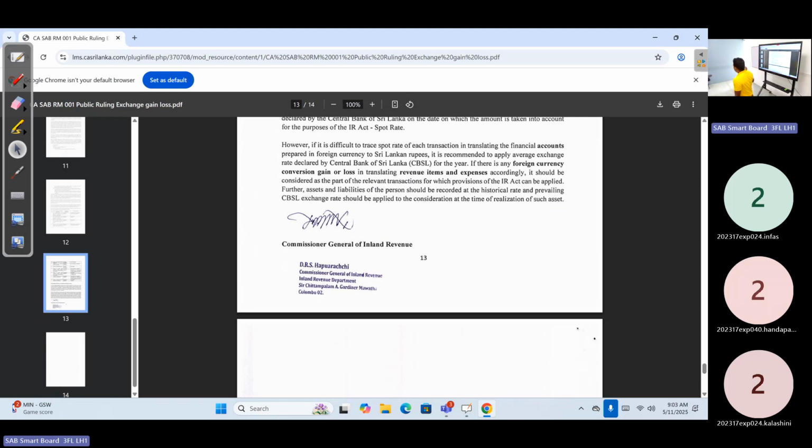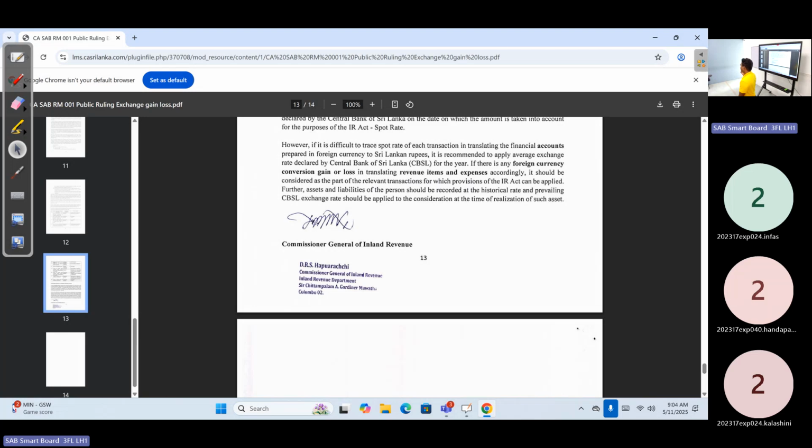So now, if I put it in a very simple way, if any person has any transaction other than in LKR, then we have to consider the gain or loss on that foreign currency, whether it is realized or unrealized. If it is tax deductible expenditure and that loss is realized, we can consider it part of cost.